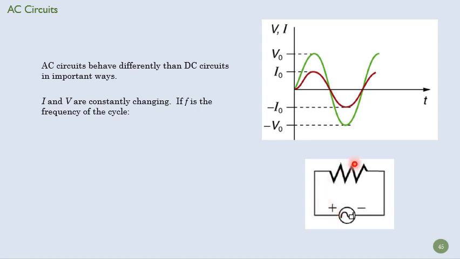The current, meanwhile, is going to go that way, then it's going to go that way, then it's going to go that way. And so we can look at the voltage here, like if this was, say, our voltage on this side of our source, we'd have a positive voltage here. It would swing down to a negative voltage and back up to a positive voltage. The current follows that voltage, right?